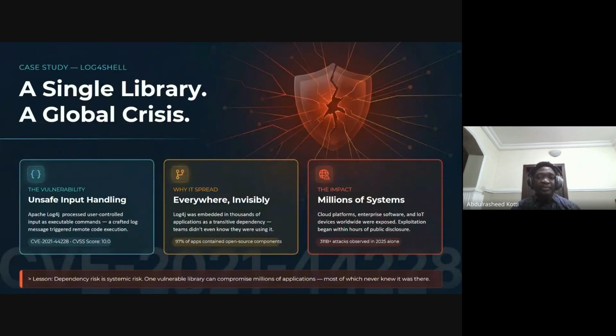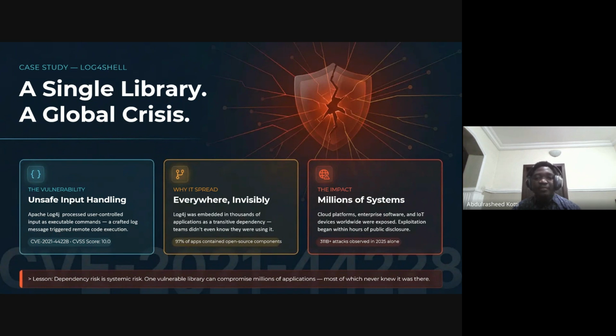Now let's look at a real world case called Log4Shell. This broke the entire world for a few weeks, for months. This is one of the most serious things that has happened in recent years. Log4j is a tool used in many apps to record system activity.